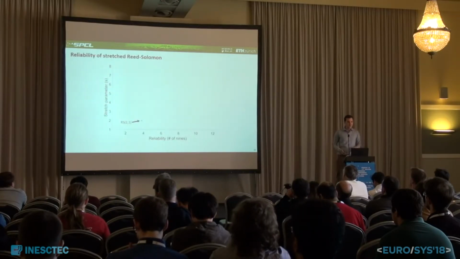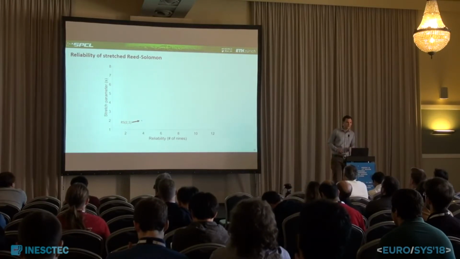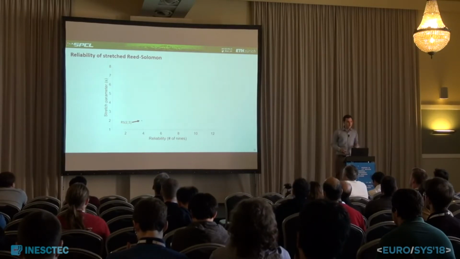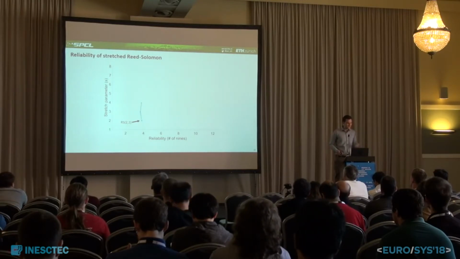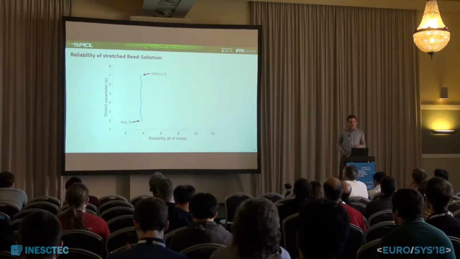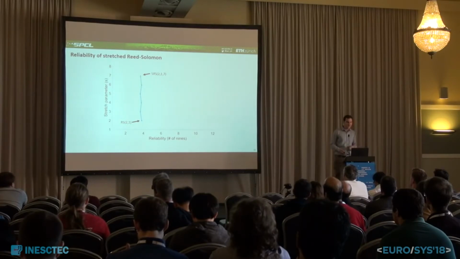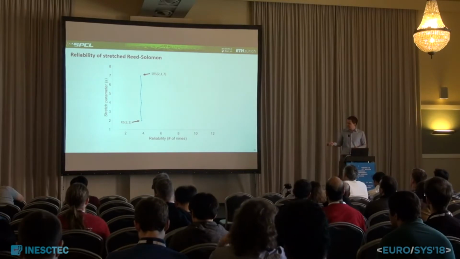So we performed reliability analysis based on a continuous time Markov chain model, and here you can see reliability of read-cell-1 to 1. It has reliability a little bit less than 4 nines, and it has 2 shards. And we can now stretch it over 3 machines, 4, 5, 6, 7. As we can see, the reliability didn't change much, and sometimes it goes down or goes up, but it actually stays the same.